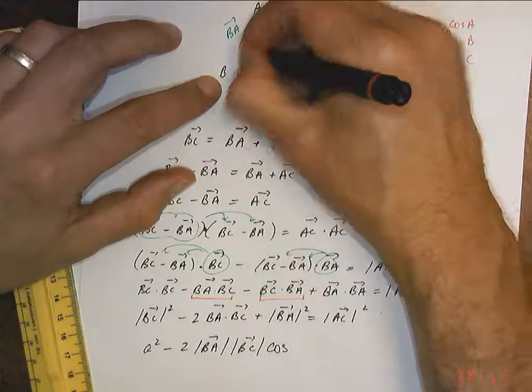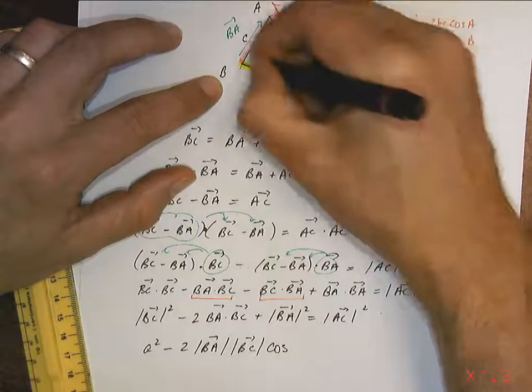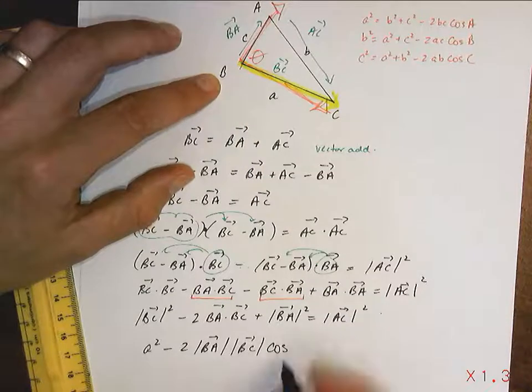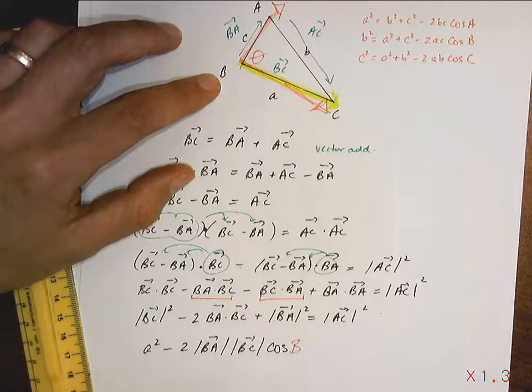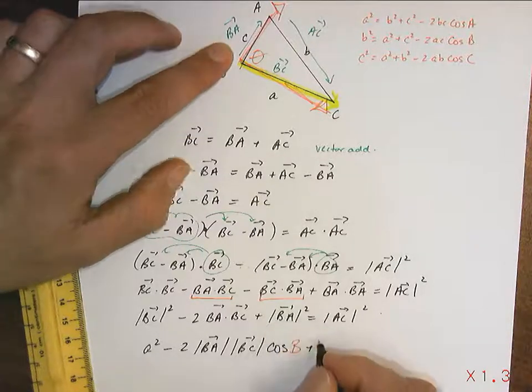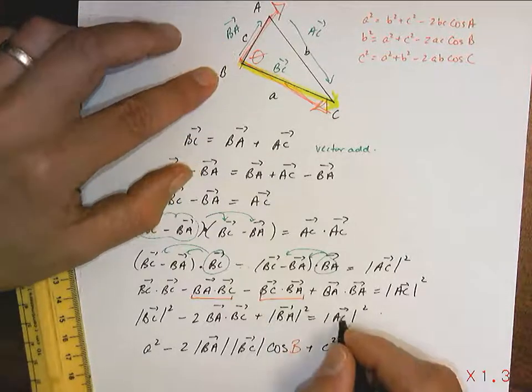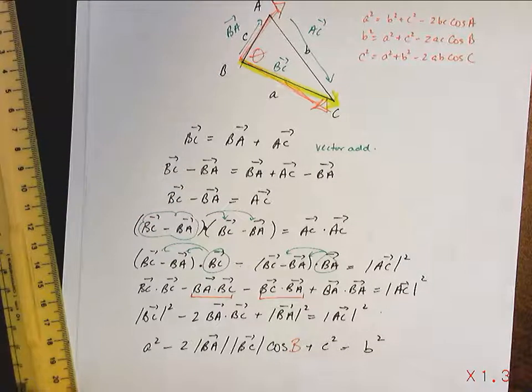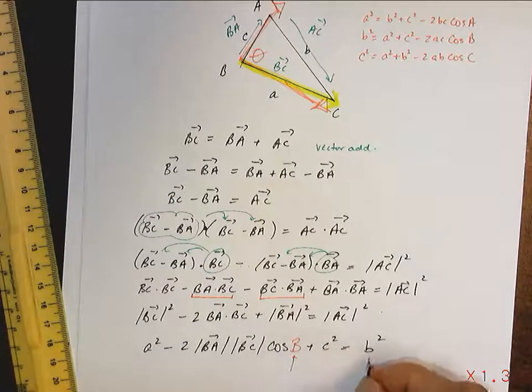BA is going this way and BC is going this way, which means this angle is angle B. So that's a good thing. BA squared is going to be C squared, and AC squared is B squared. Hey, we've done it. I've got my B here and my B here.